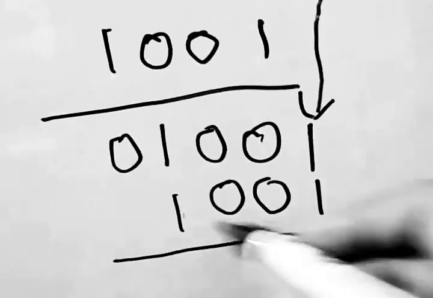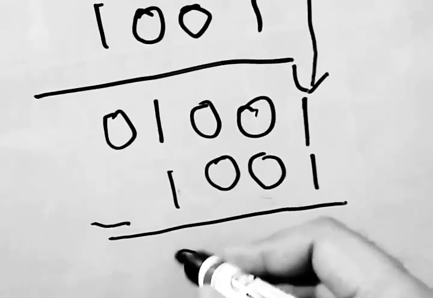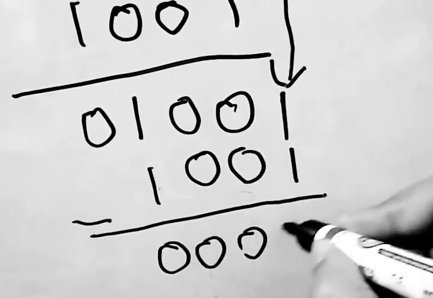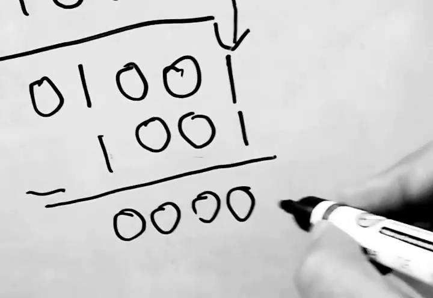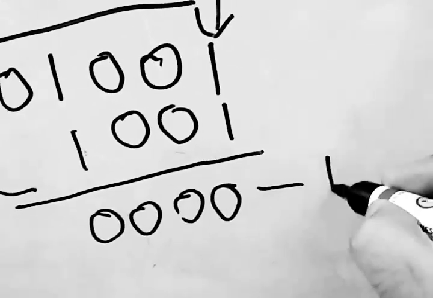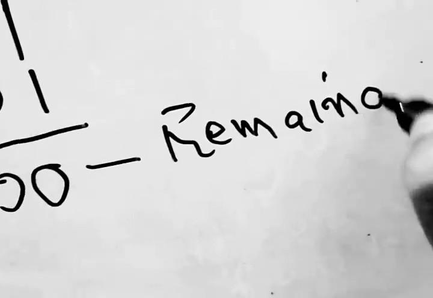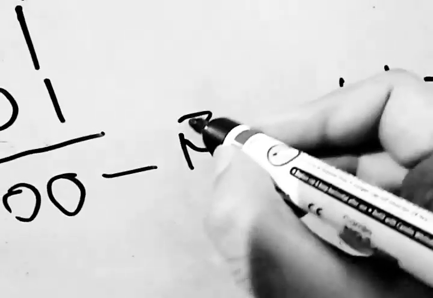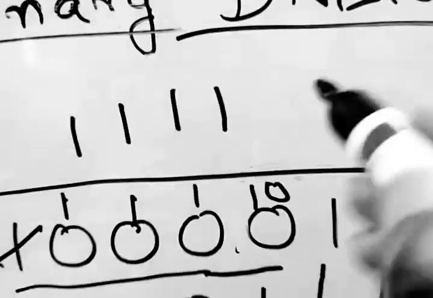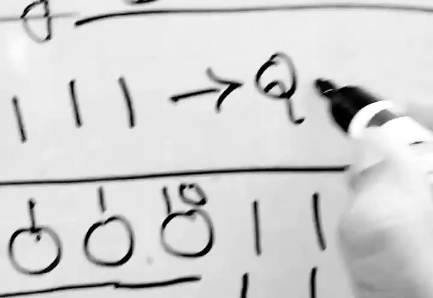As they are equal, if we subtract them, we'll get 0. That is, the remainder will become 0. This is the remainder. And at the top we have got 4 ones. This is the quotient.